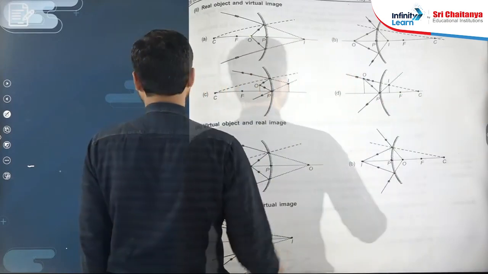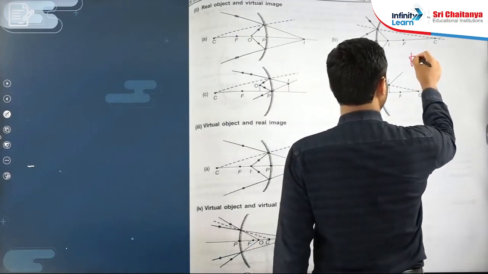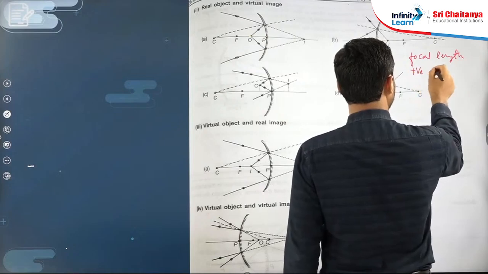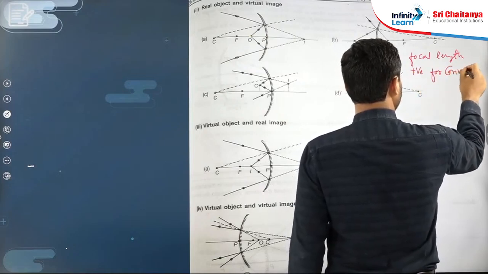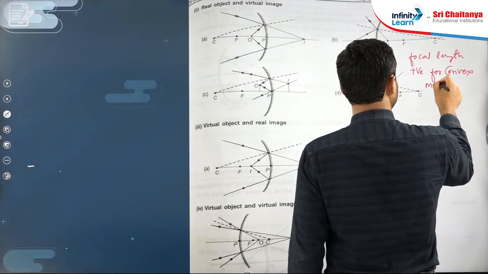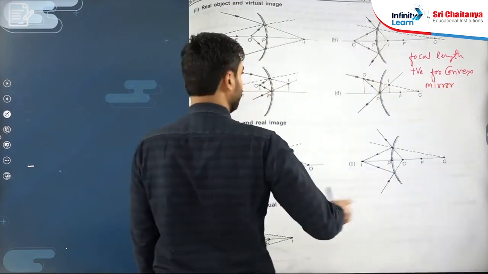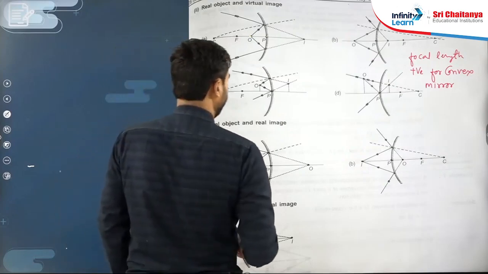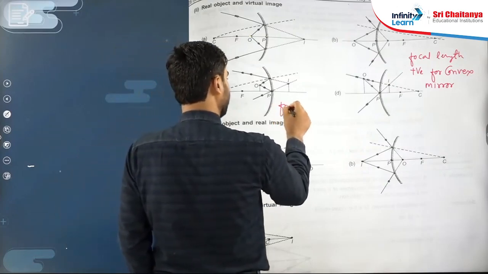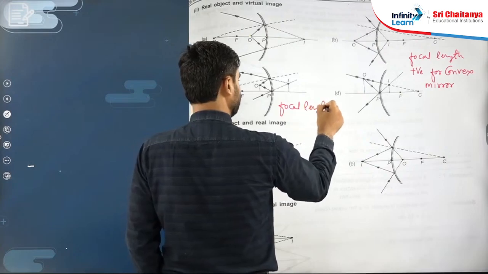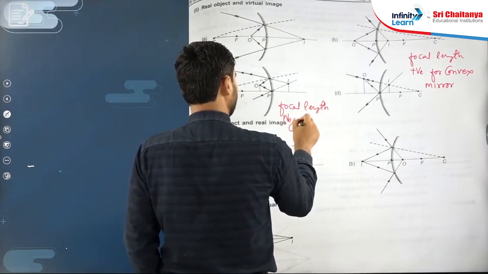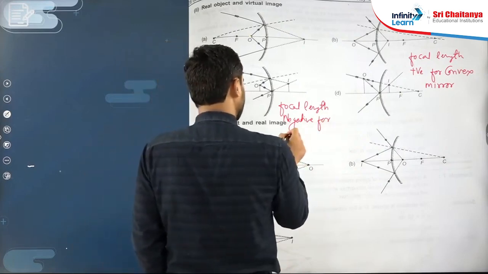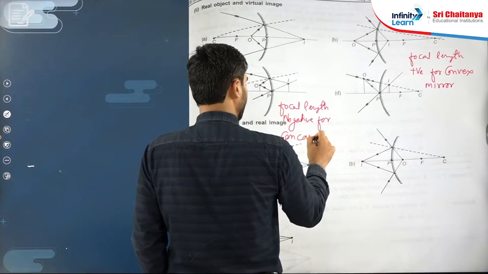So focal length is positive for convex mirror. And here we can see opposite, so it is negative, right? So focal length is negative for concave mirror.